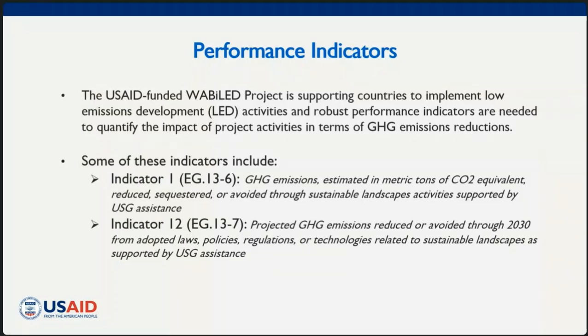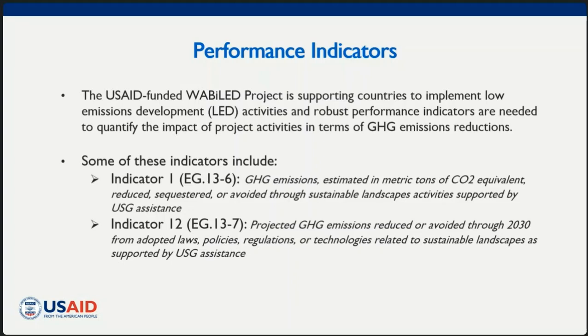Additionally, something such as forest protection, the enforcement of eco-patrols in a certain protected area, that could then avoid emissions from being produced in the first place by preventing logging or other maybe illegal activities within that landscape.